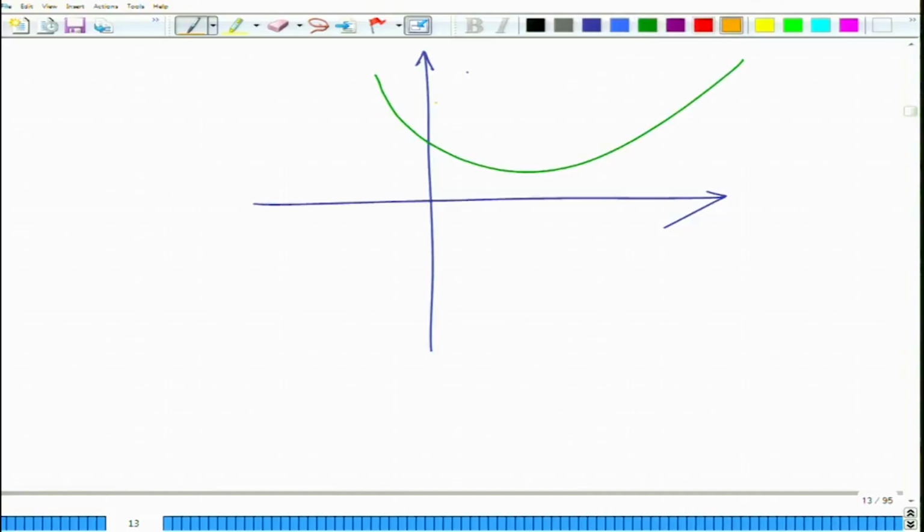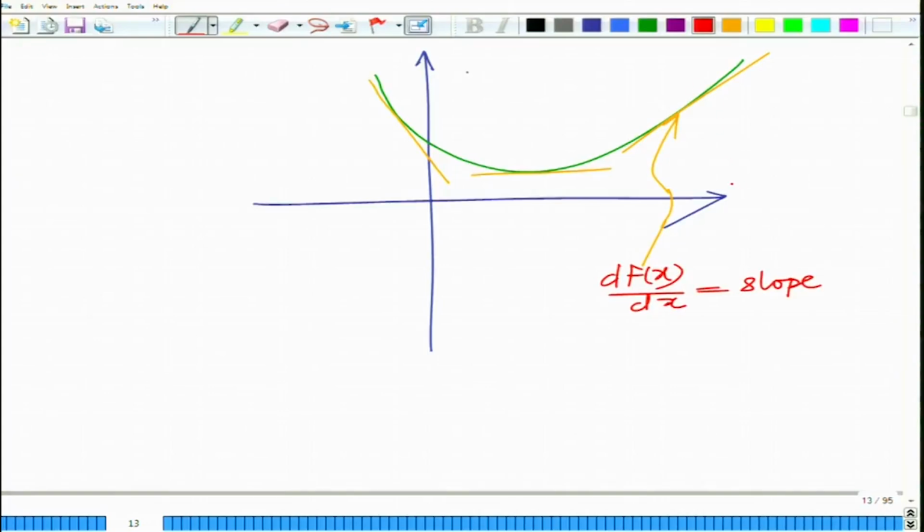now what you will see is, if you look at the derivative of the function at different points, which is nothing but the slope.